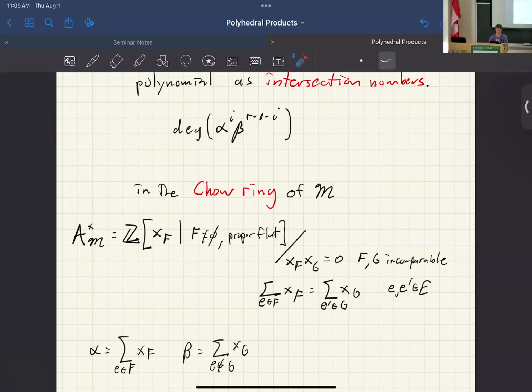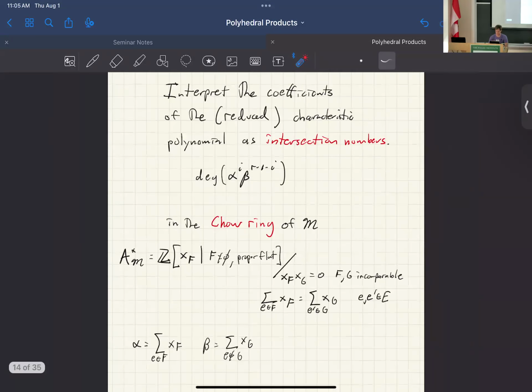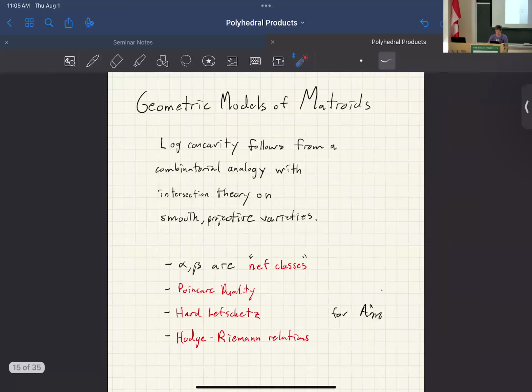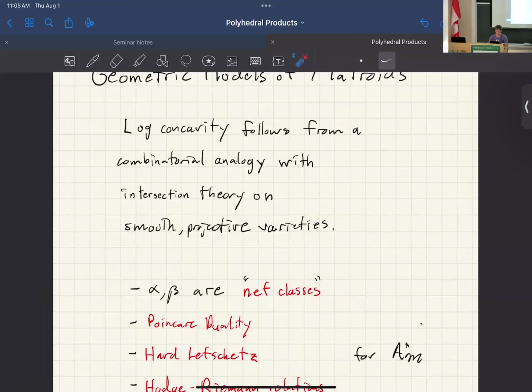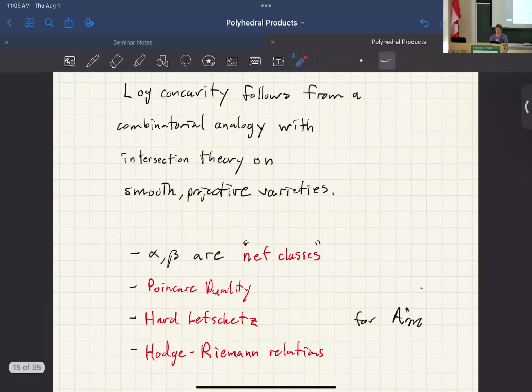So this is what they proved. They proved that these degrees are log concave. So how do you do that? The idea is that it follows by constructing a combinatorial analogy with results from the intersection theory of smooth projective varieties. You show that the Chow ring has Poincare duality, you show that it has something called the Hard Lefschetz property, and you show that it satisfies Hodge-Riemann relations.